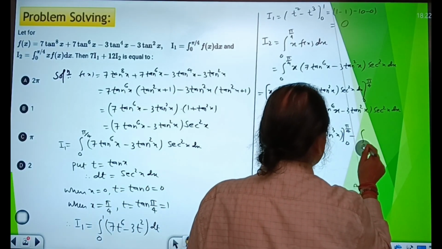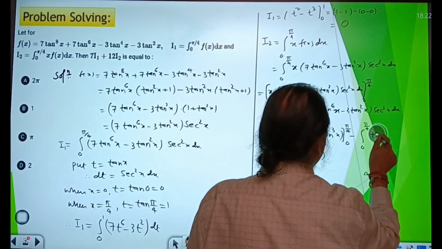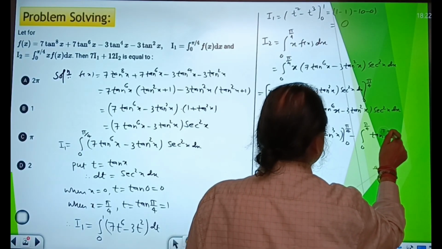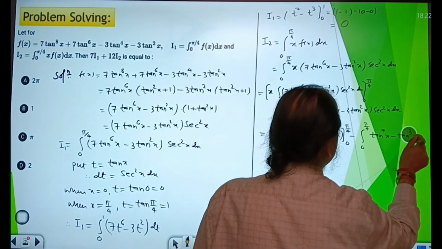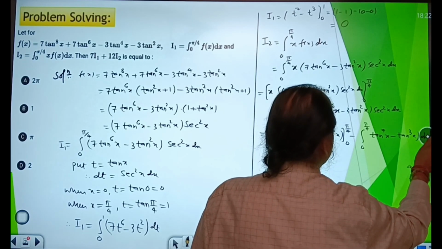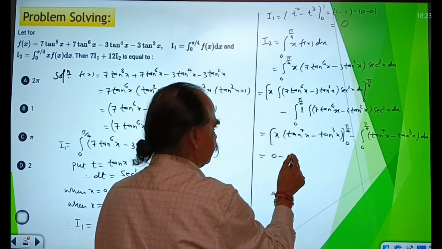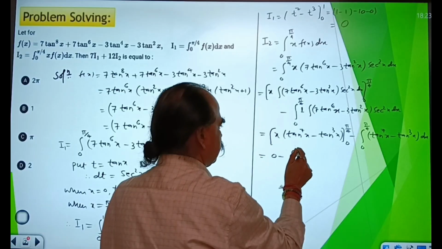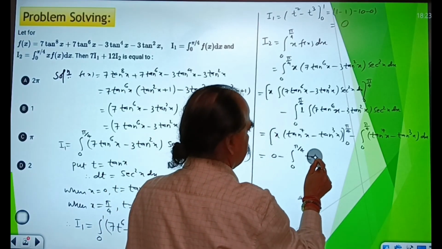minus integral 0 to pi by 4 of (tan^7 x minus tan^3 x) dx. This will be 0 minus integral 0 to pi by 4. We can take tan^3 x common.